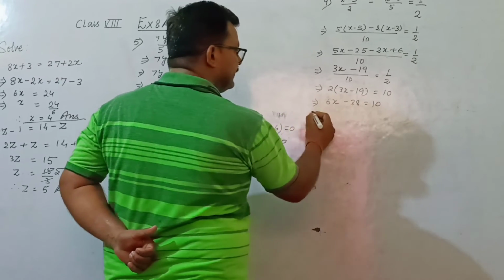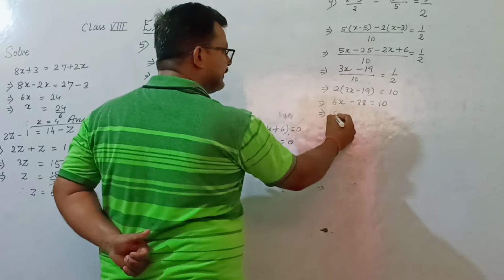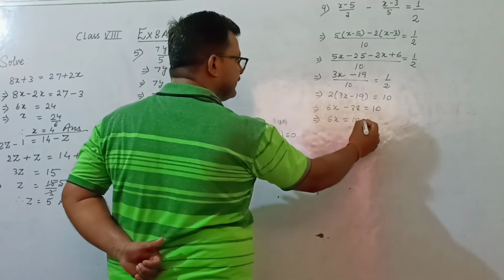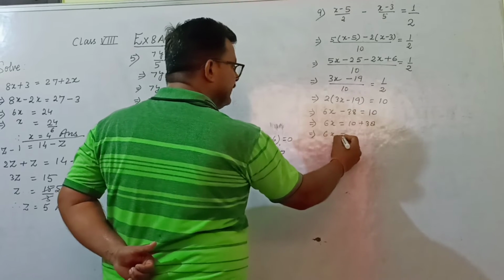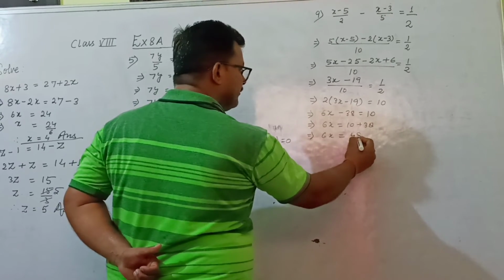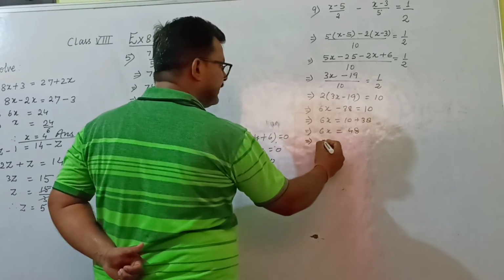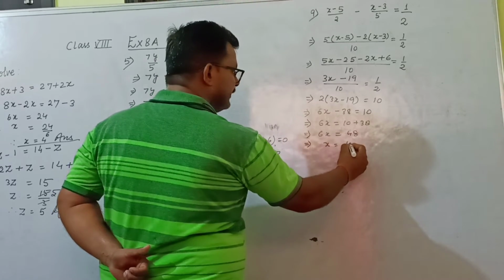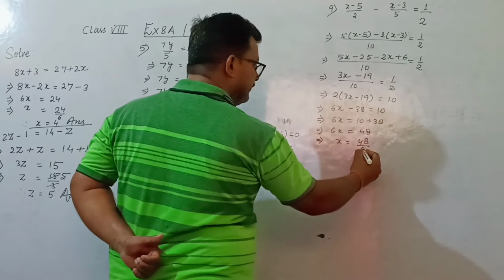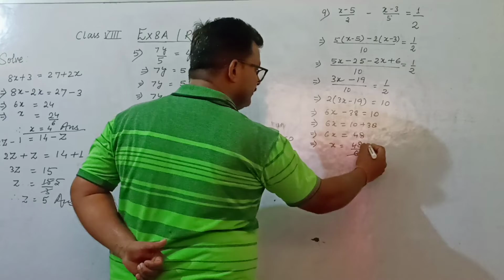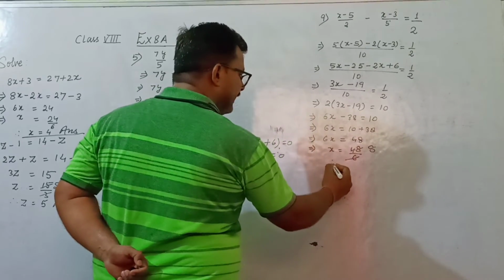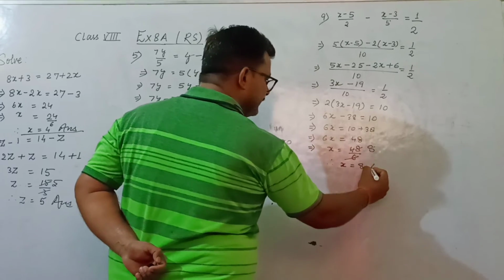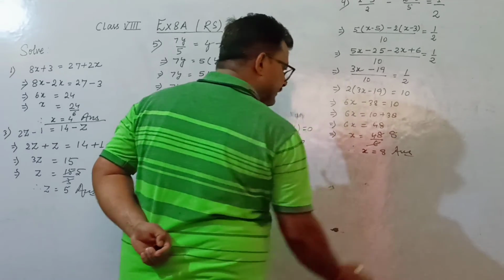Then 10. Here 38 is minus, that side it will be plus 38. Now 6x. In one step you have to do one work. There will be little chance of mistake. If you jump, chances will increase and you will make a mistake. So divide 48 by 6, 8. Therefore x is equal to 8. Answer. Next.